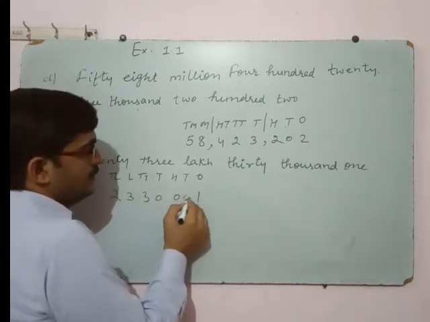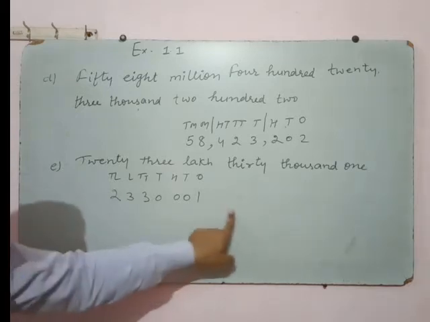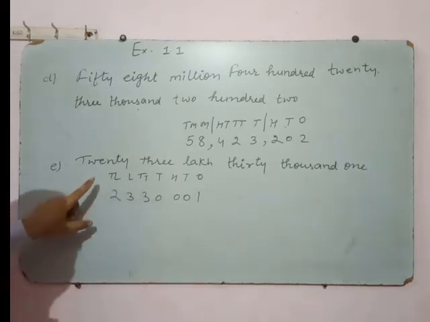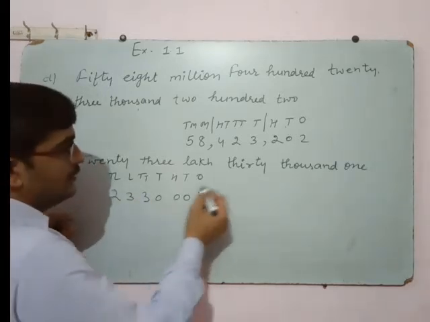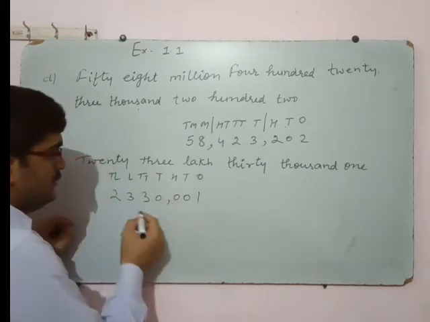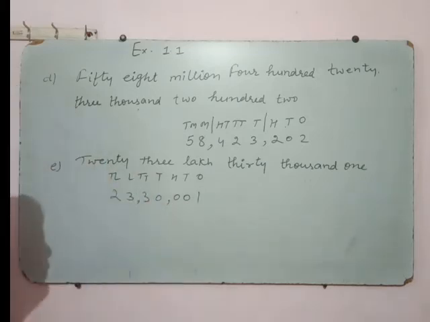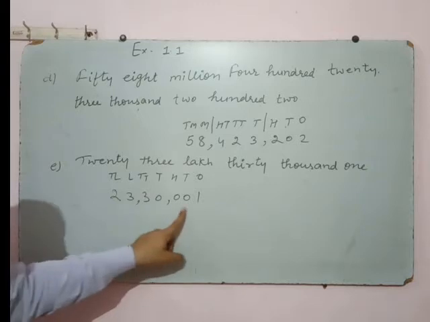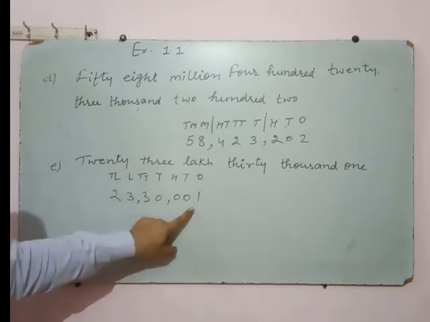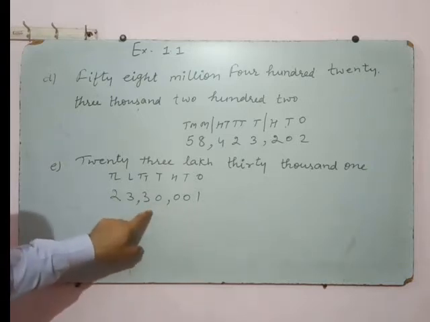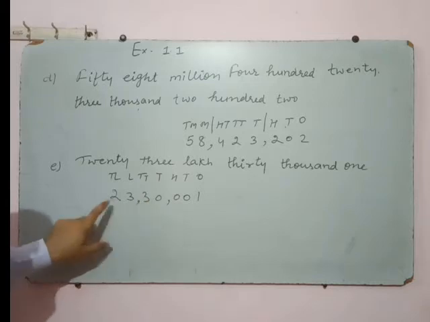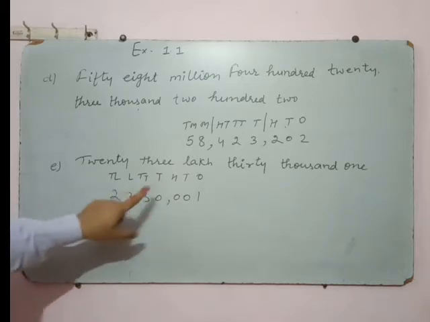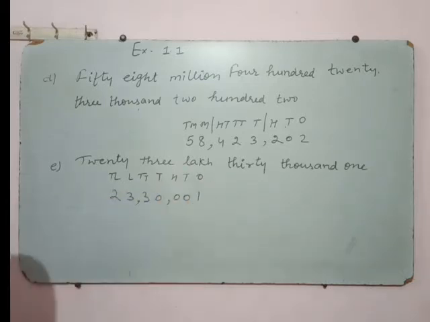Okay. So this will be the number, and where we will put the comma: first, second. Okay. In the last period we will put it before 3 places, on the next period on 2 places, on 2 places. Okay. So this will be the answer of that question.